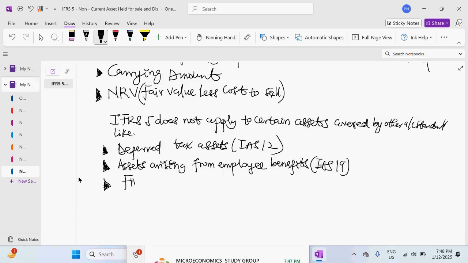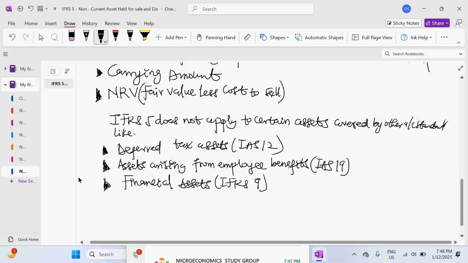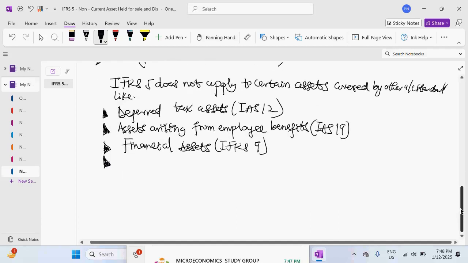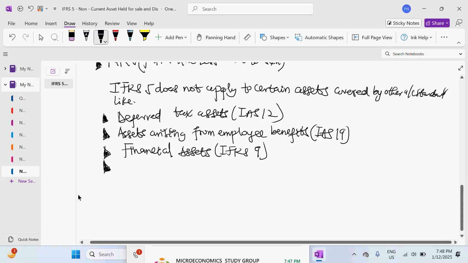Then we can talk of financial assets, which will be under financial instruments, so IFRS 9. You might do all the standard next semester in financial reporting too. Are we doing income tax this semester?